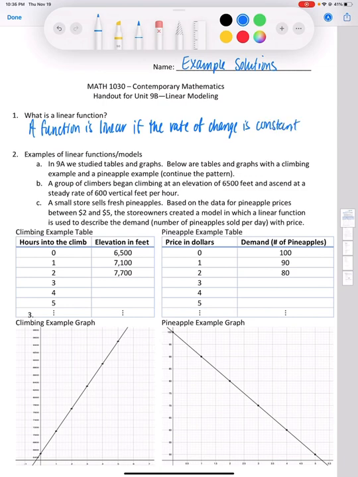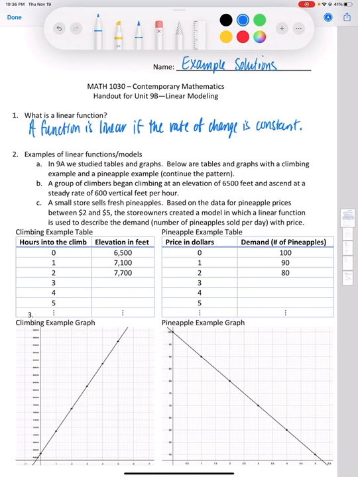You're always adding or subtracting the same amount as you go down your function or up your function, always the same amount. This is a contrast to exponential functions, in which you are adding or subtracting a relative amount.